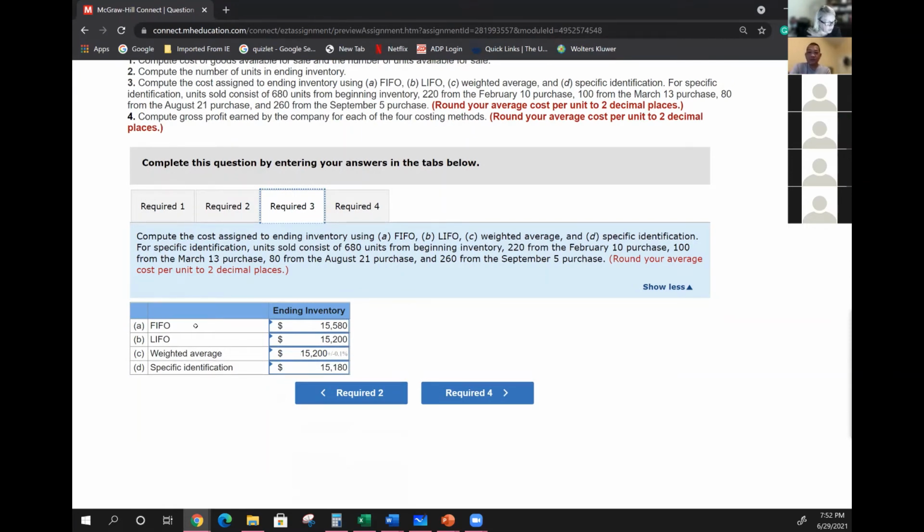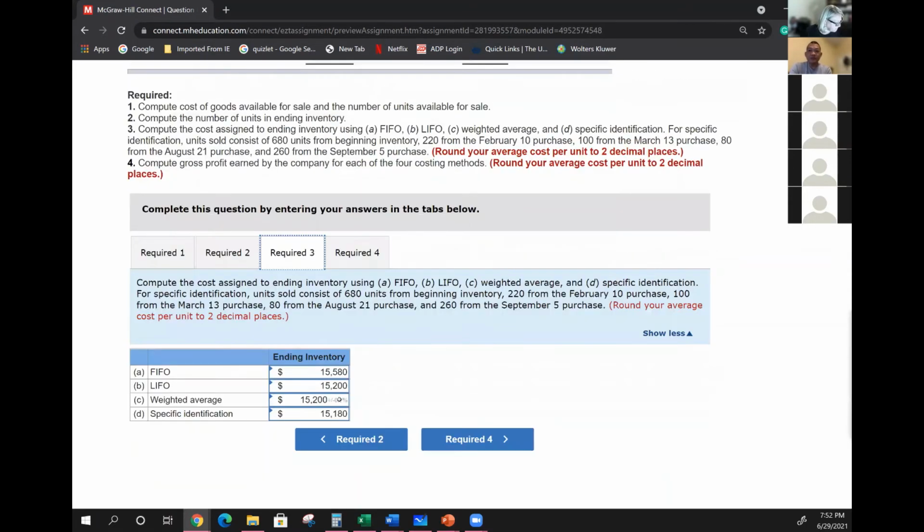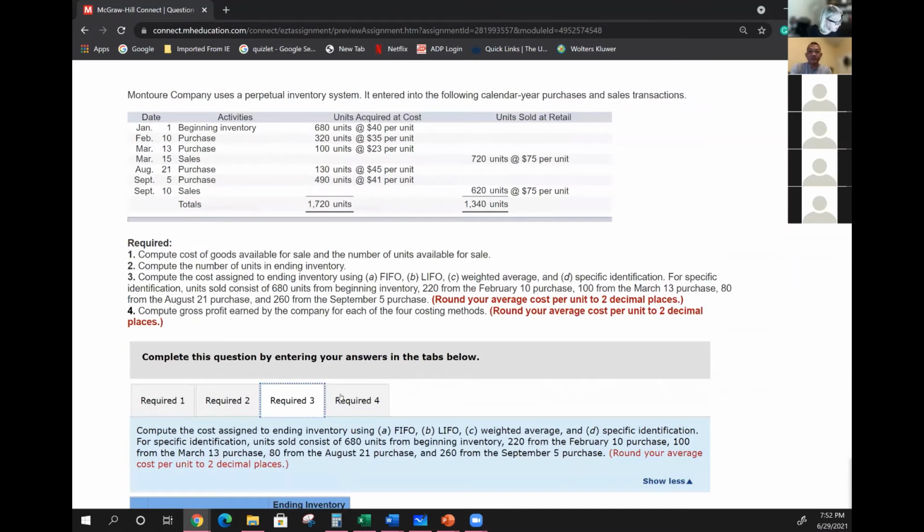All right, so when I do FIFO, I'm going to have to go back and look at this. We're not doing a table like we did on the last problem. You have to do the table yourself to figure it out. I'm wondering if there's a way to write on the screen, because it won't let me. Let's see, maybe it shows me down here. So I have my table.